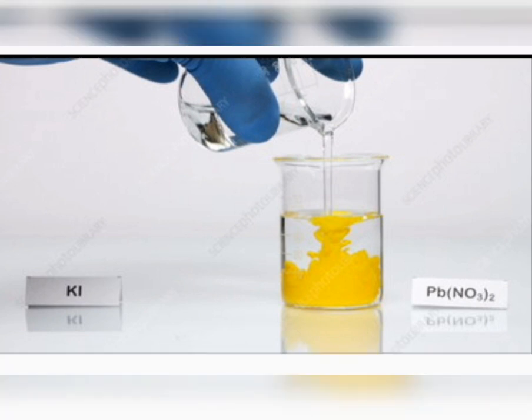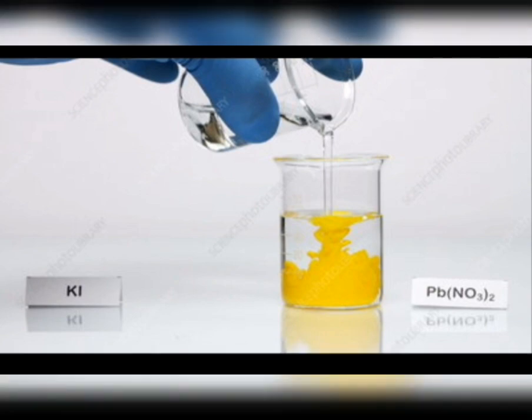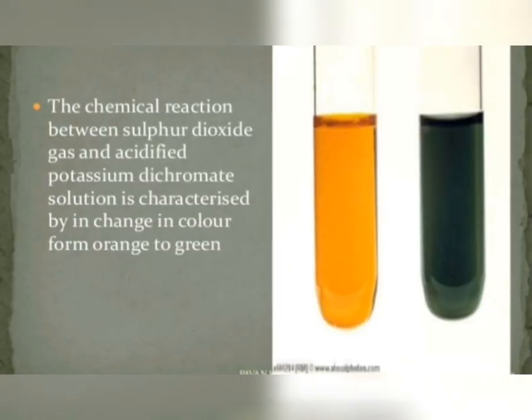Now, there are some chemical reactions that are characterized by change in color. Say, let's take an example of a chemical reaction where we can have a change in color. Say, when sulfur dioxide gas is passed through potassium dichromate solution, then what happens during this reaction?